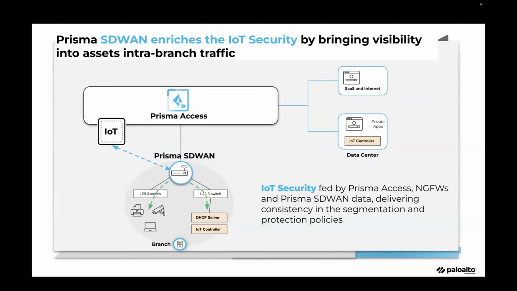So we added functionalities on our SD-WAN ions, where when an IoT license is present and activated along a Prisma Access tenant, right? The SD-WAN starts generating significant traffic logs for traffic that is local to the branch, right?